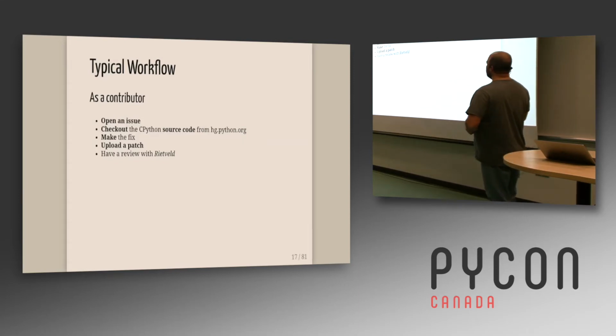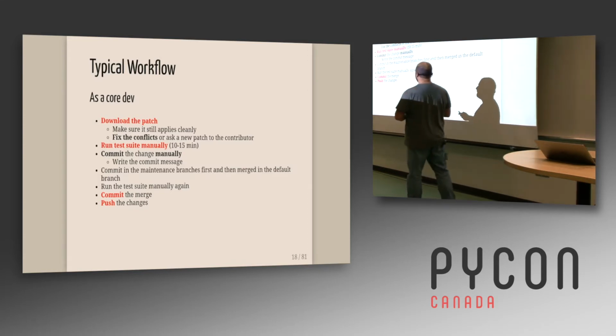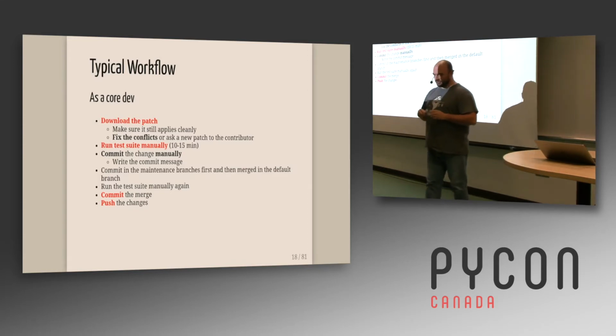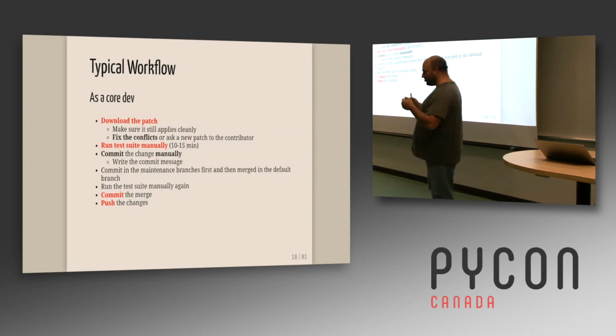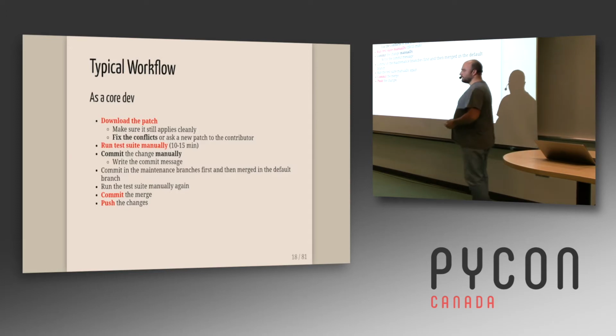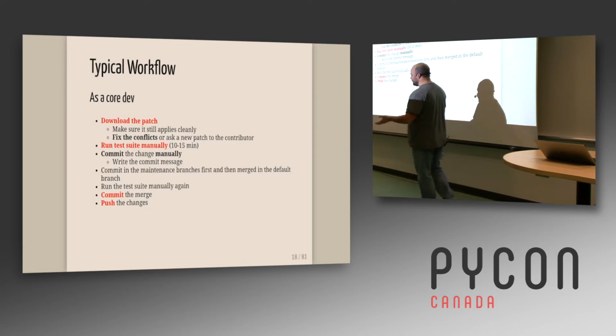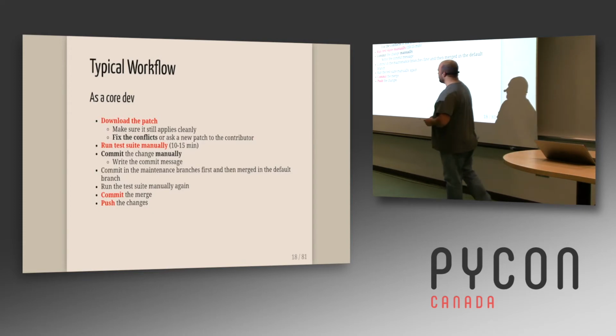Okay? So, for the core dev, firstly, we need to download the patch. We have to be sure that this patch will apply on the source code. If there is a conflict, we have to fix it, okay? We have to run the test suite, sometimes 10 to 15 minutes, sometimes 1 day with the buildbot.